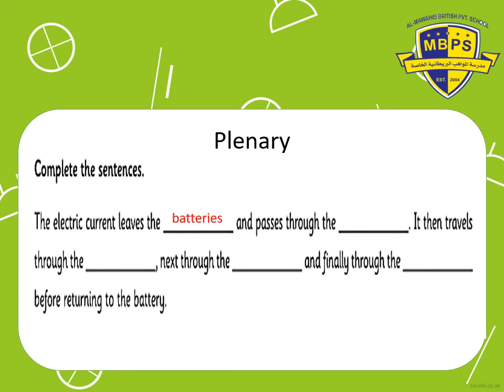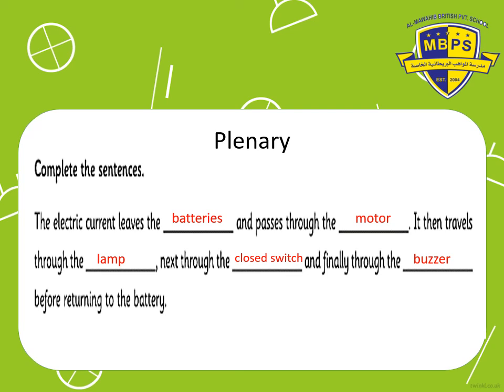Batteries, excellent, and passes through the motor. The next component is what? Lamp. That's very good. And next through the closed switch, and finally through the buzzer before returning to the battery.